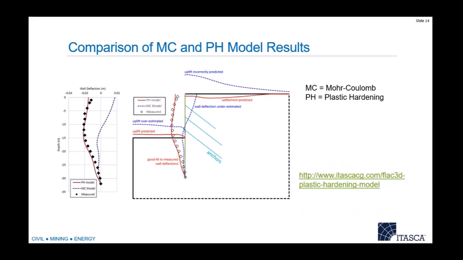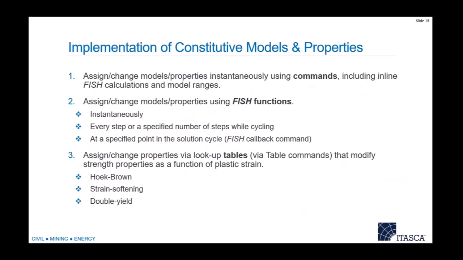In reality, stiffness is now higher in the unloading direction. And so the plastic hardening model accounts for that. Essentially, the act of squashing it in the first place causes it to behave differently when you unload it. And so you get much more realistic behavior in these soils type of problems. And that's it in a nutshell. And we can go into the details maybe on Wednesday if I can find the slides. So that's kind of the background stuff.